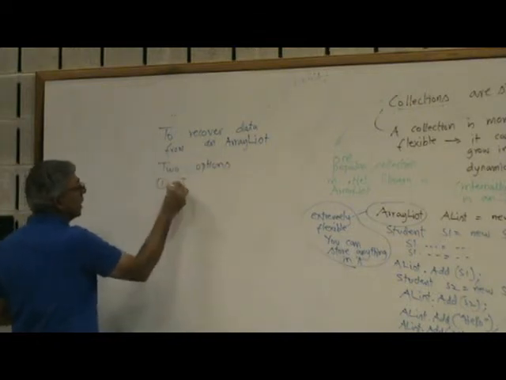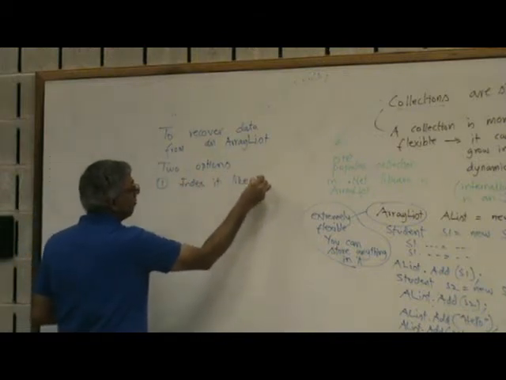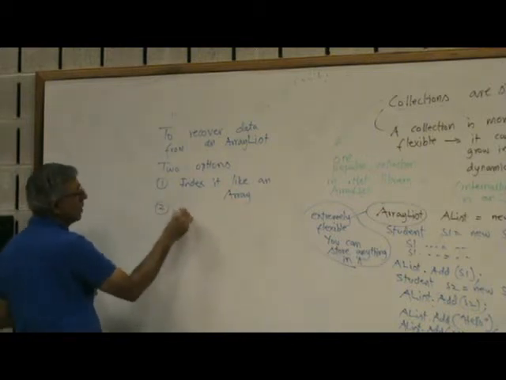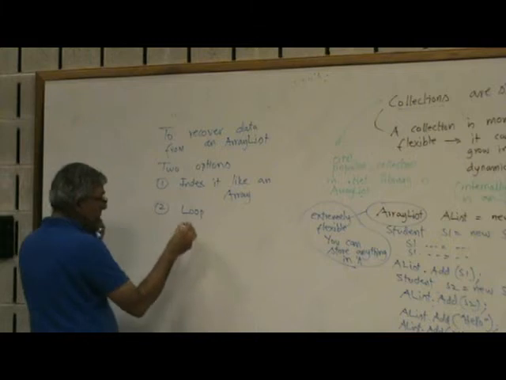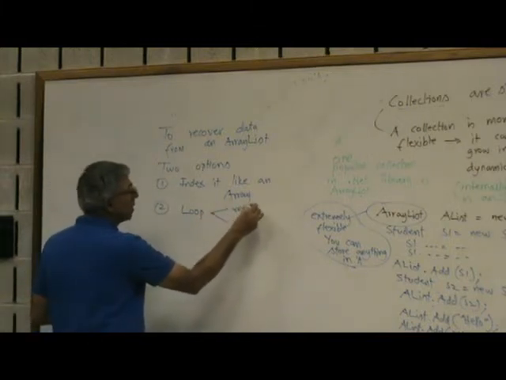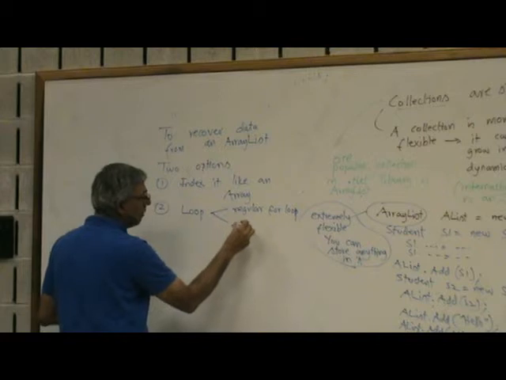Number one, index it like an array. Number two, write a loop. The loop can be a regular for loop, or it could be what is called a for each loop.